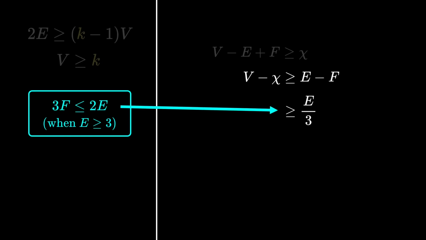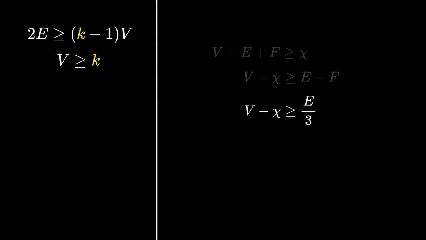That's two inequalities used. Now we use the remaining pair of inequalities. The first of these gives us that the right-hand side is greater than or equal to 1/6 of (k minus 1)v. Now that we have used this, we only have one left.